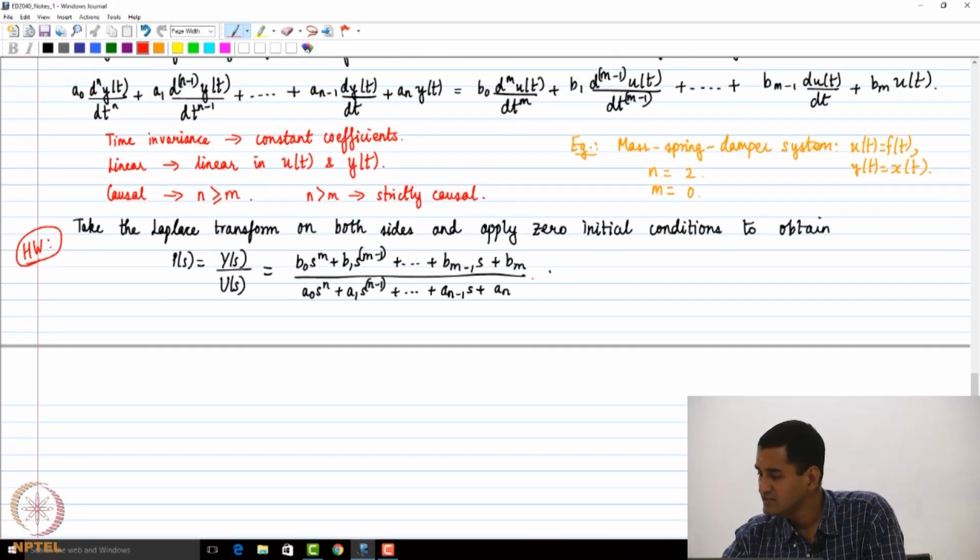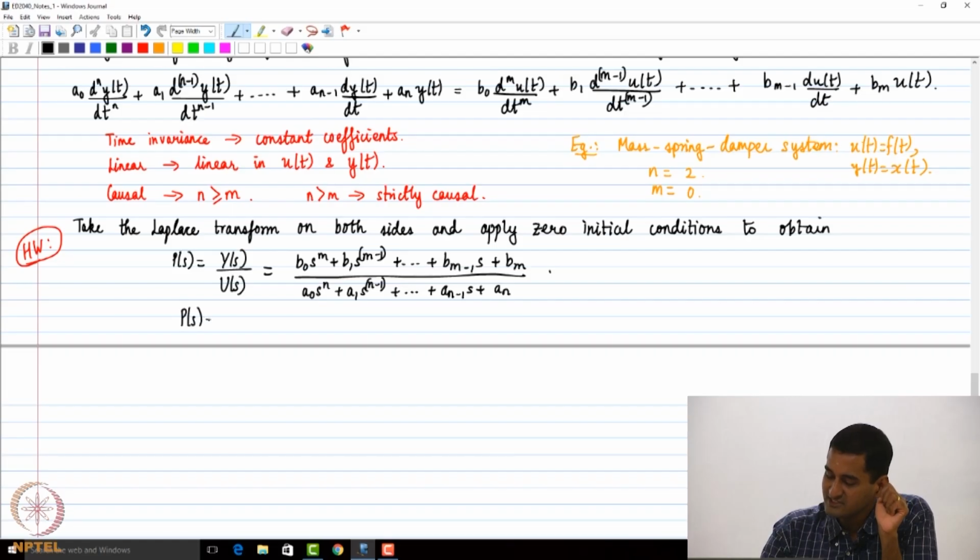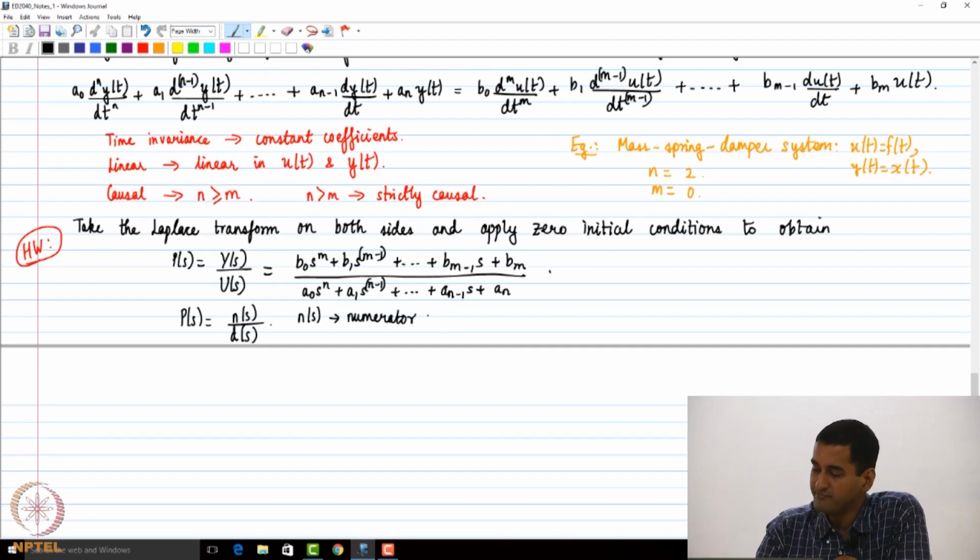So immediately we will see what really is the consequence. Let's look at it further. Immediately one can observe that the plant transfer function is a ratio of two polynomials in s. So P of s is n of s by d of s. n of s is the numerator polynomial of order, what is the order of the numerator polynomial?